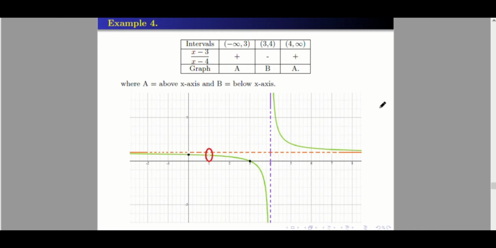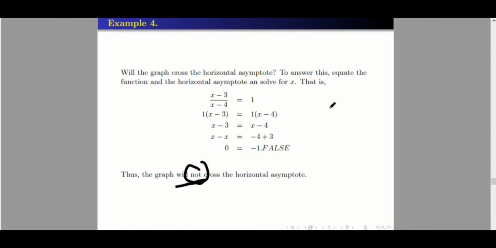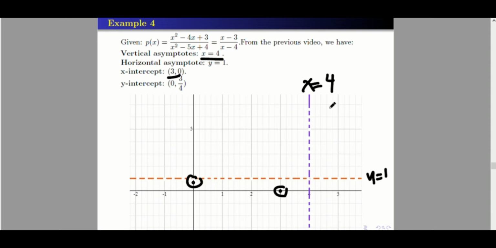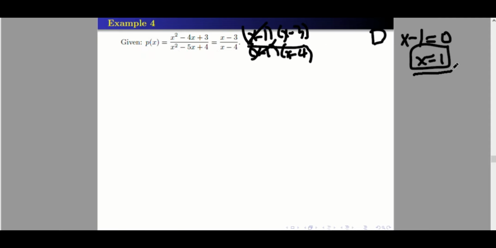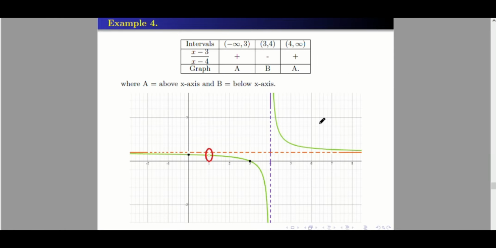Now, take note. Why do we have a hole here? Take note that for our domain, x equals 1 should not be part of our domain. That is why at x equals 1, your graph must have a hole. So say, for example, you have a graph here, and then part of the x-axis, say this one, 1, is not part of the domain.